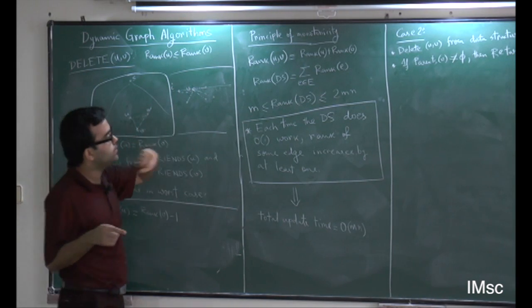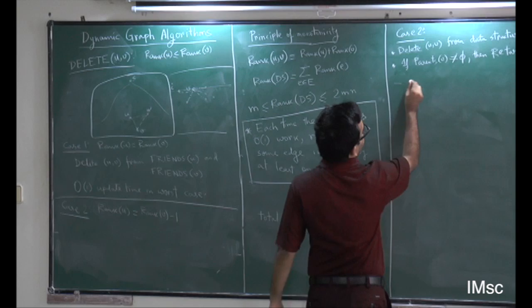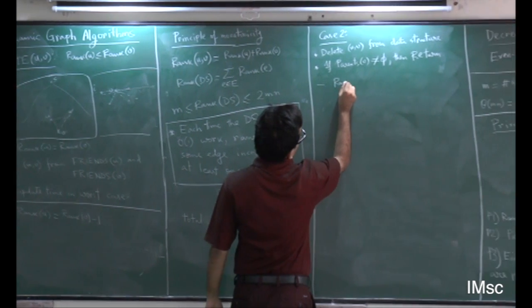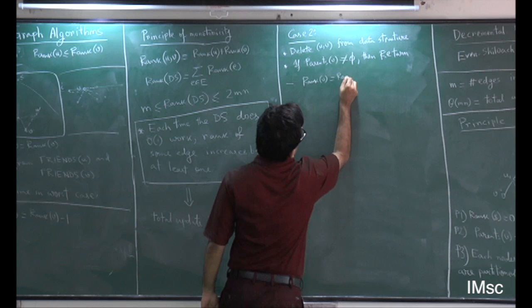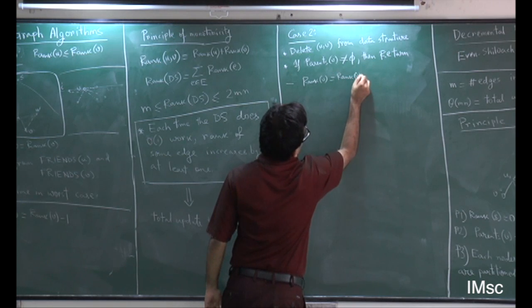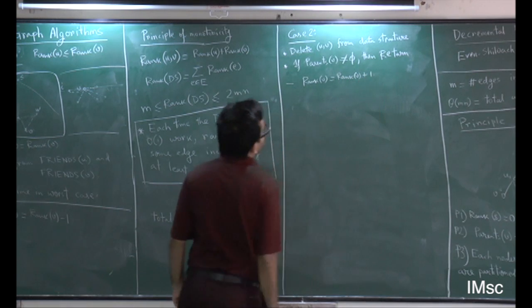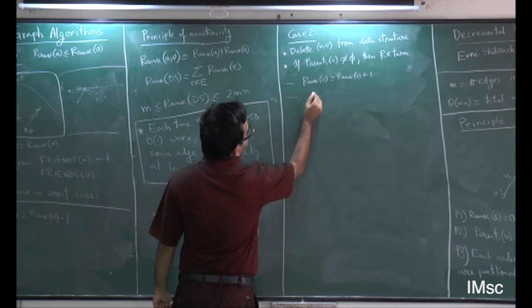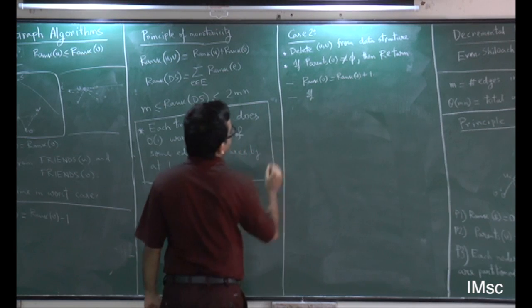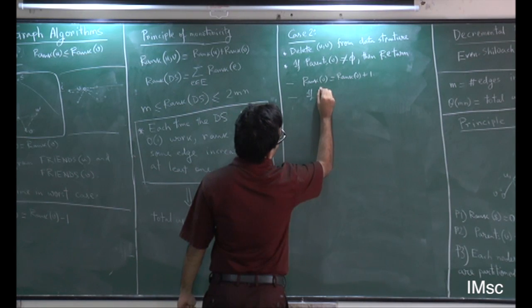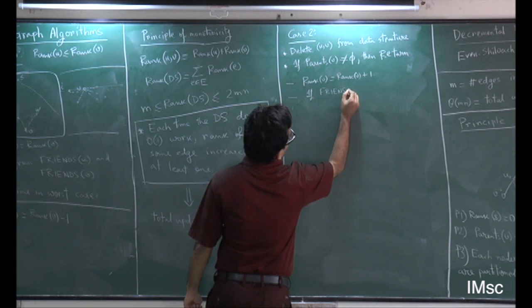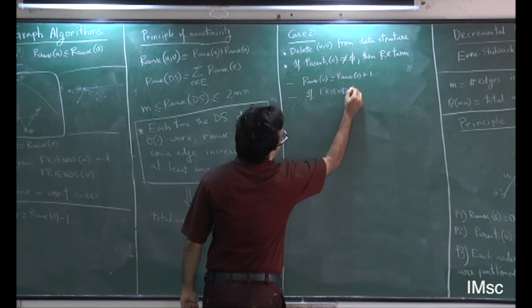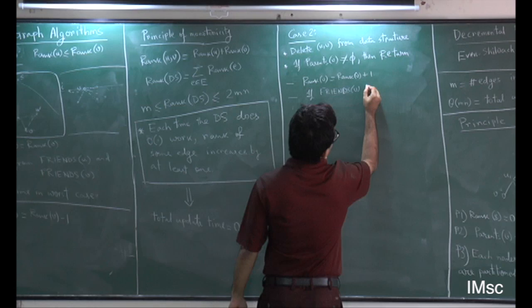So, first of all you increase the rank of V by 1, and then you check if friends of V is empty or not.